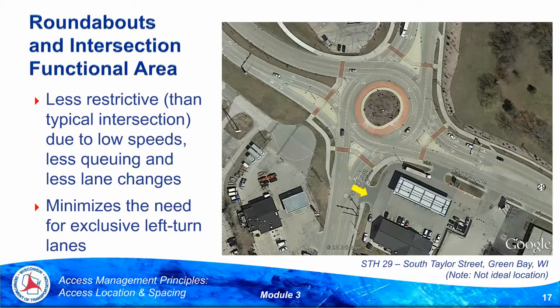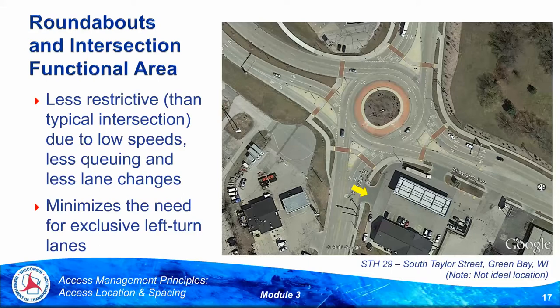This particular example is in the Green Bay area, and it's a similar one to what I showed you before. Here we have a driveway located closer than what would normally be desirable. This is at Shawano Avenue and Taylor Street in the Green Bay area.